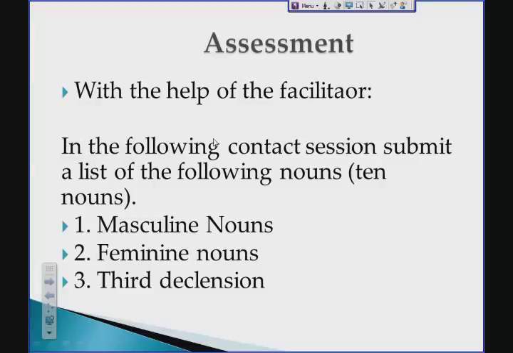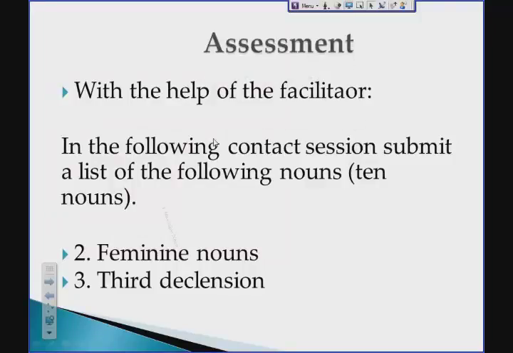You have thousands and thousands of them, but this exercise is aimed at challenging you to say, I know what a masculine noun looks like, and these are they.